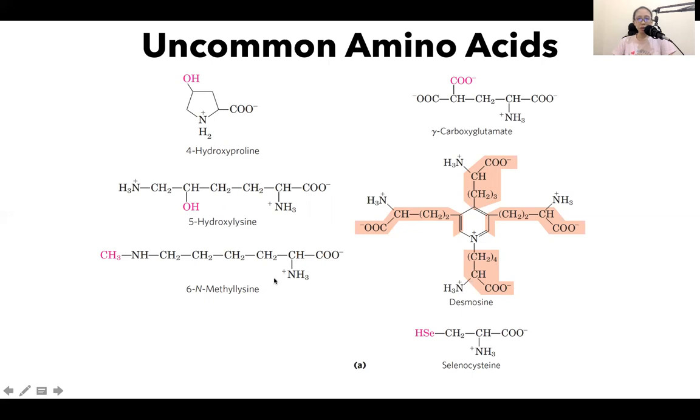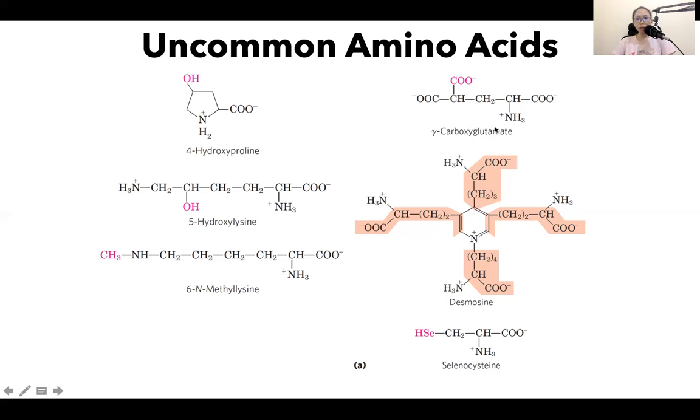Other uncommon amino acids include 6-N-methyllysine. So this is another derivative of lysine. It's derivatized at the amino group of the side chain. So instead of a hydrogen, it's a methyl group that is attached to the nitrogen. We also have gamma-carboxyglutamate.